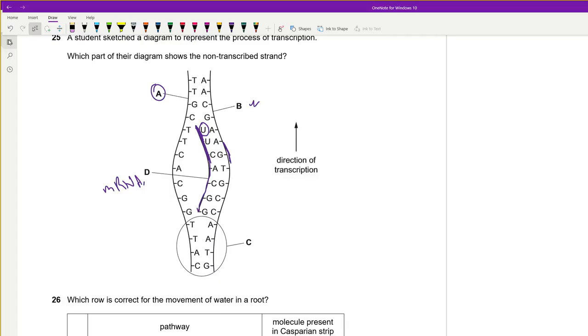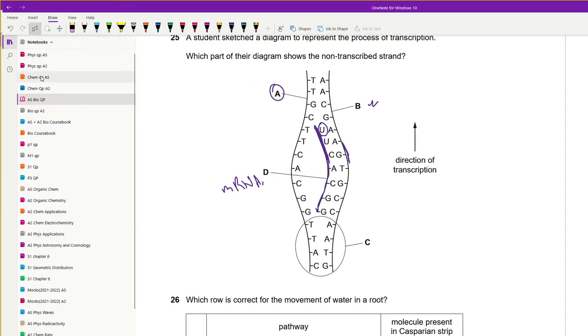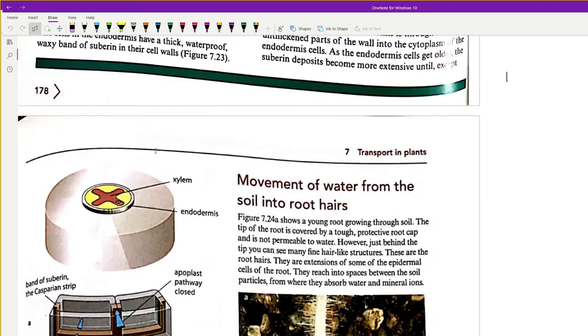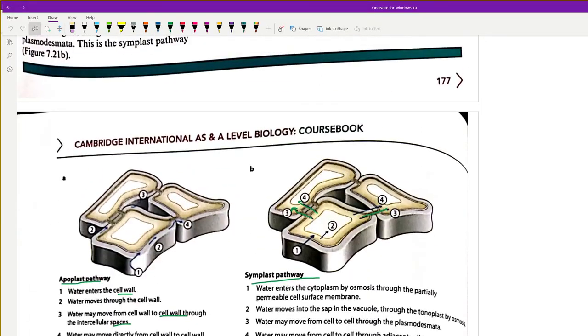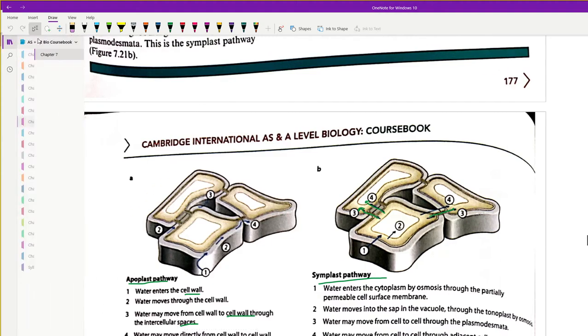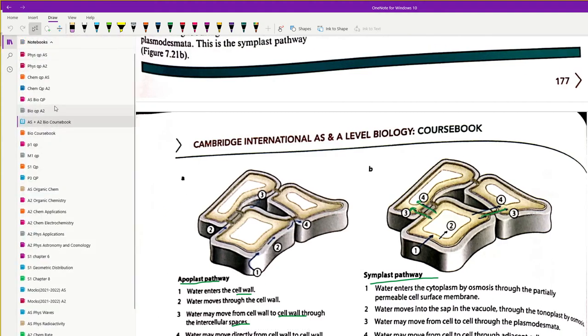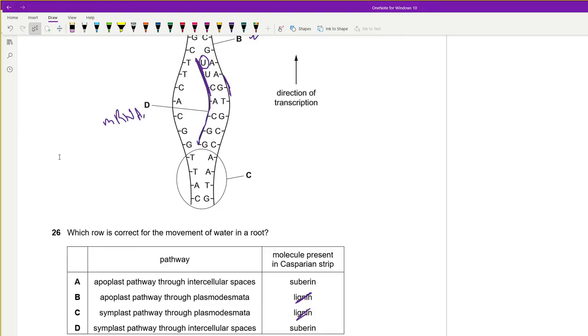Simplest pathway through intercellular spaces. In apoplast, we move from cell wall to cell wall through intercellular spaces. Oh, okay, my bad. I misinterpreted the question.